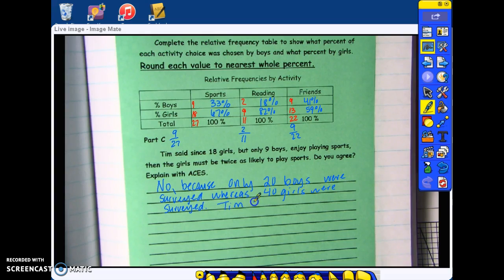Tim cannot assume that twice as many girls like sports. Because he asked twice as many girls the same question.